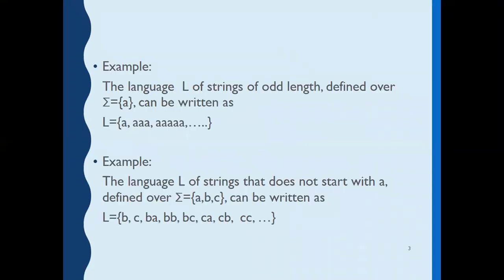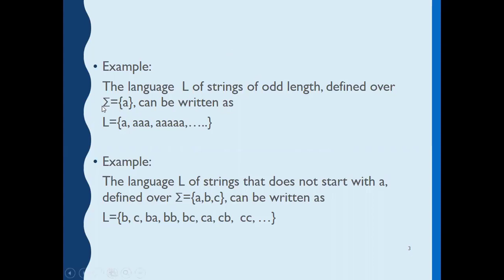For example, the language L of strings of odd length defined over the alphabet A. Now we have to make a language in which only one alphabet will be used, that is A, and the language will contain only those strings whose length, if calculated, will be odd. Odd length means words of length 1, 3, 5, 7, and so on. These words will be included in this language.